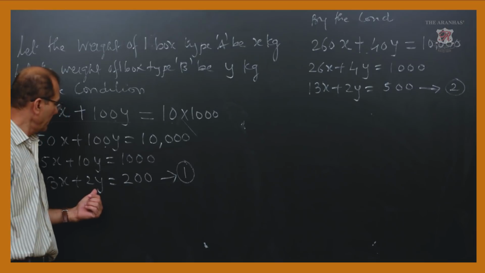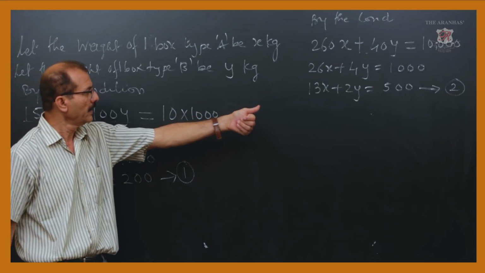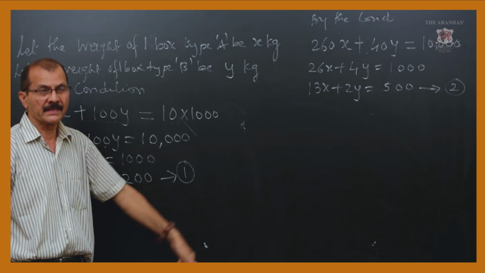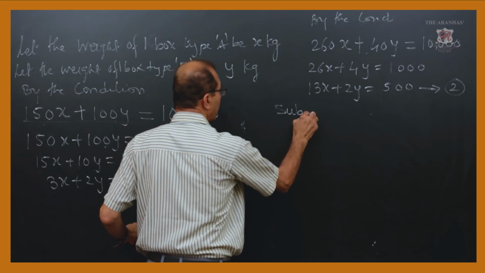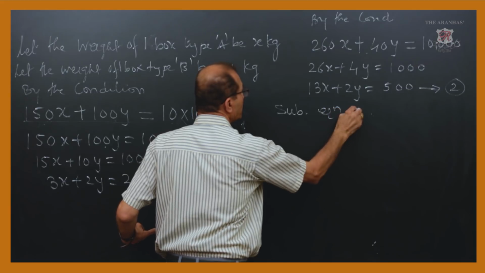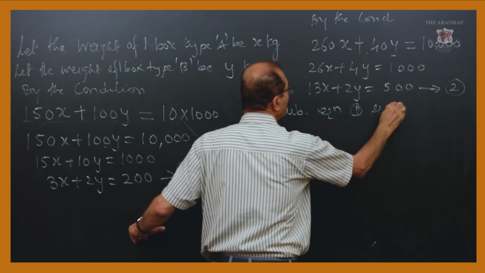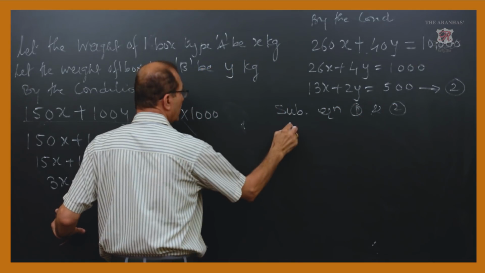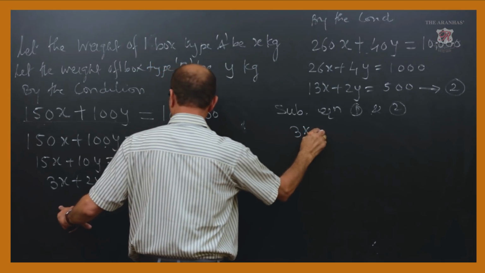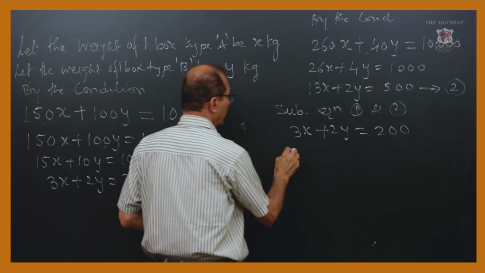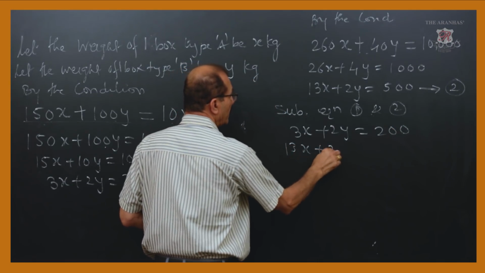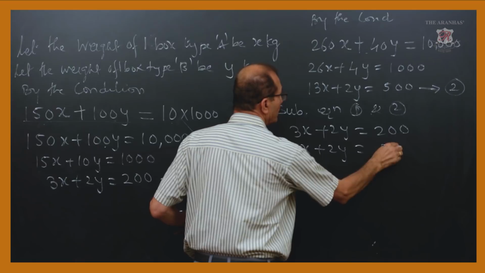Now, here you find plus 2y, you find here plus 2y. So, straight away I will subtract the two equations. So, subtracting equation 1 and 2, 3x plus 2y is equals to 200, and 13x plus 2y is equals to 500.